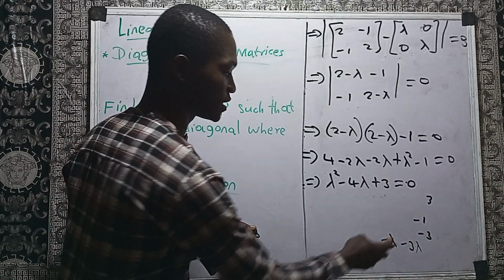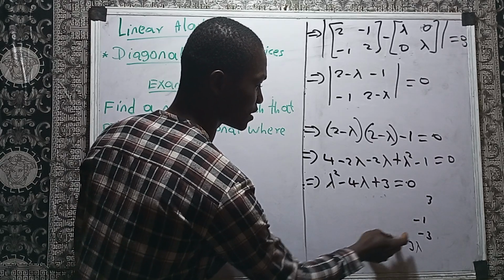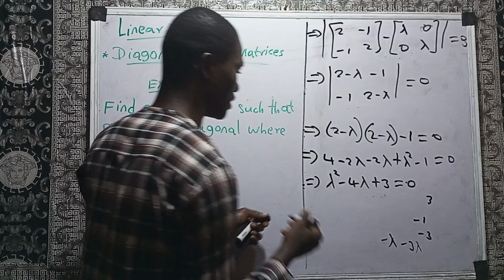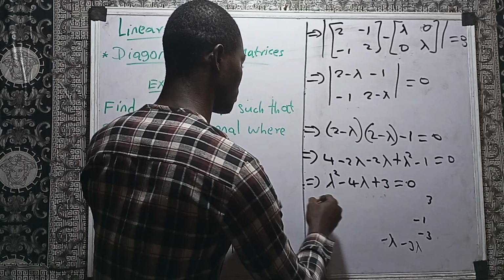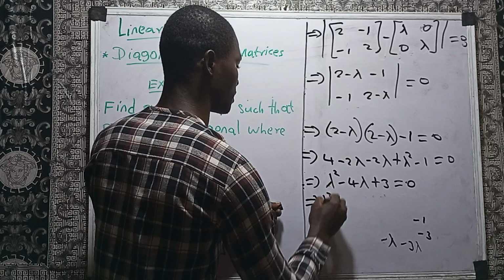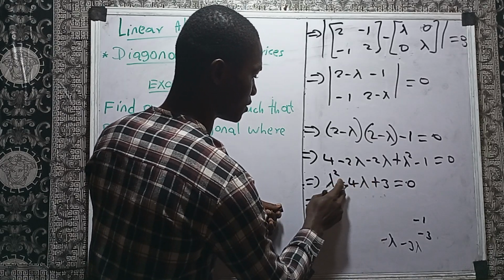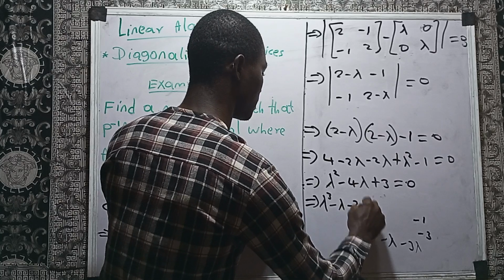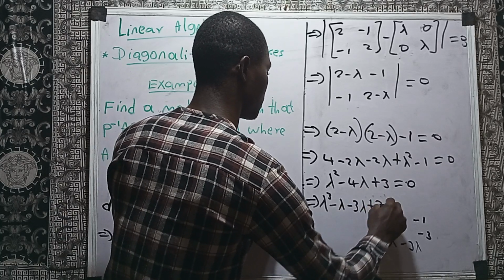The coefficient of this lambda is negative 1, and the coefficient of this lambda is negative 3. So this simply implies we have lambda squared, and this negative 4 lambda is negative lambda, negative 3 lambda, then plus 3 equated to 0.